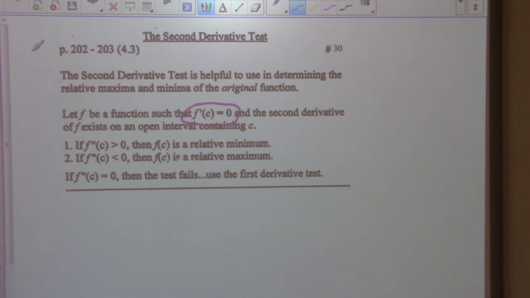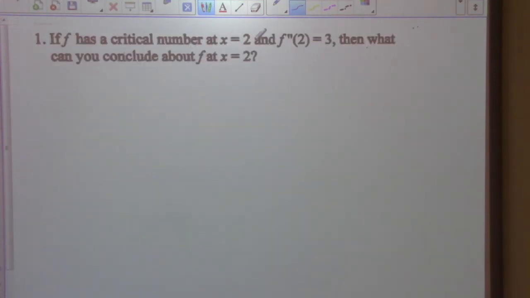Like where f prime is undefined, right? So we have to assume we're talking about a critical number where f prime equals 0. So what can we conclude about this?